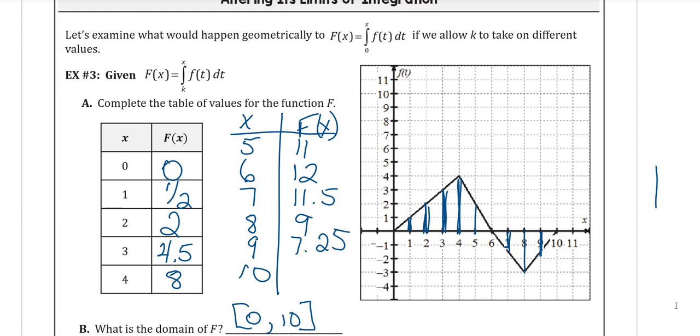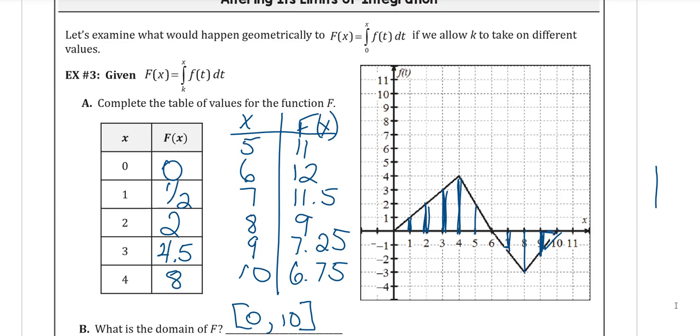And then finally at 10 I'm subtracting off another half, and I get 6.75. I know a couple of those are a little off, but I rounded them. You're more than welcome to be more accurate if you want, but it's just the idea of being able to draw this.